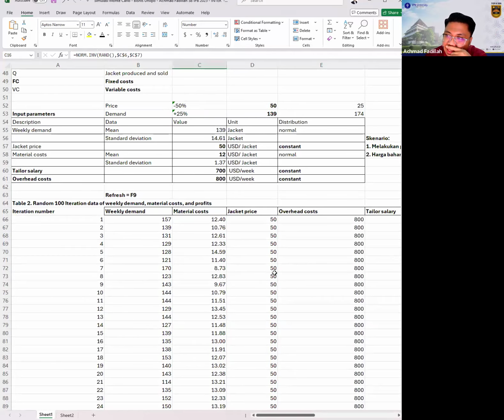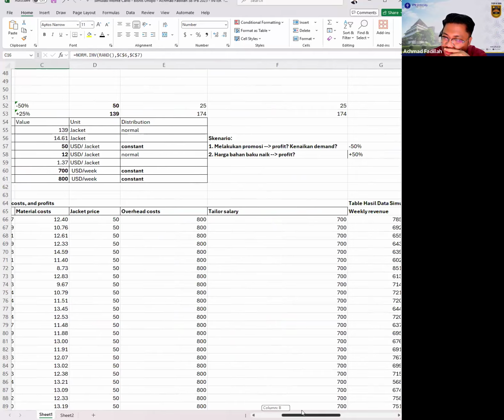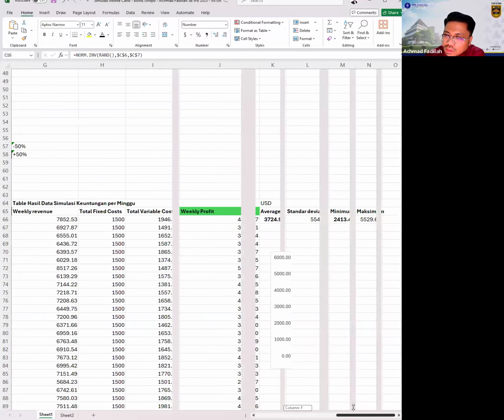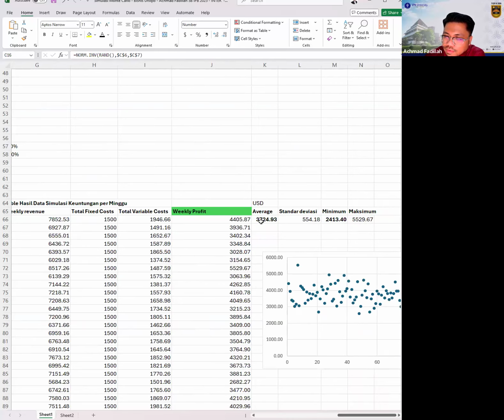This is the scenario: making a promotion, to get a profit or not, with the increasing demand. Is it worth it or not? And the second one: if the material costs increase, is it still profit or not? We already know that we still get the profit, on average 3,700 in this case.